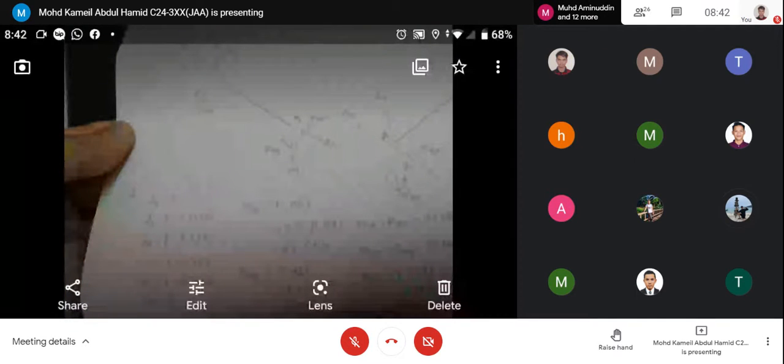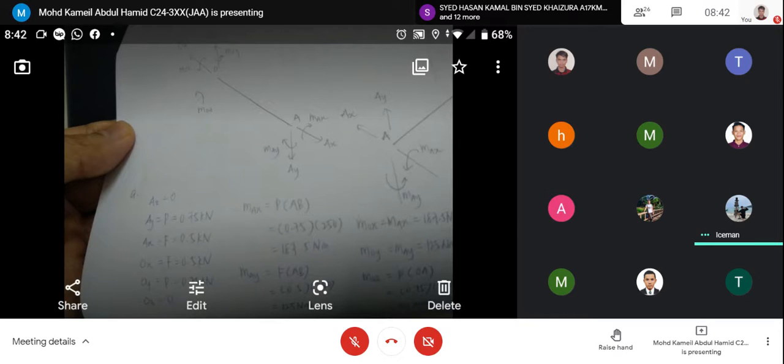Kat belakang tu. MOX is MOX. Tak clear, Doctor. Counterclockwise. Oh, okay. Kat belakang. MOX ni kalau saya nampak dia reaction daripada MAX.